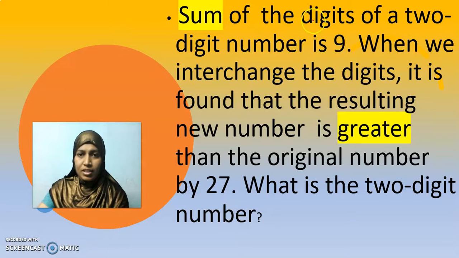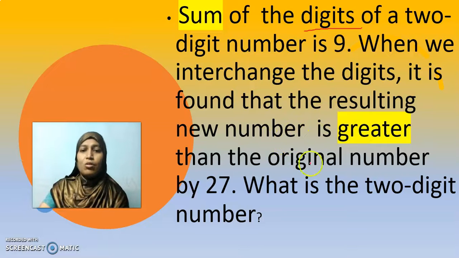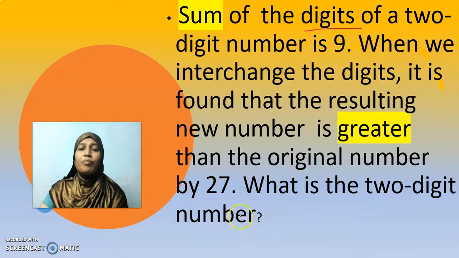Sum of the digits of a 2-digit number is 9. When we interchange the digits, it is found that the resulting new number is greater than the original number by 27. What is the 2-digit number?